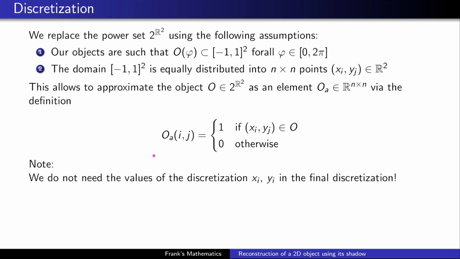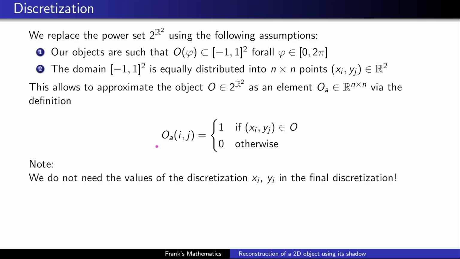As I just noted, the exact values of this discretization are not that important because they are uniquely defined using the unit square and the word equally distributed. So this now gives a more convenient description of our element O.